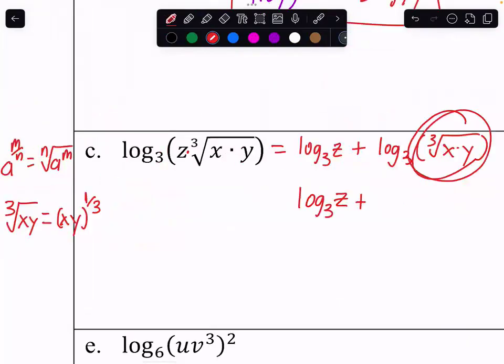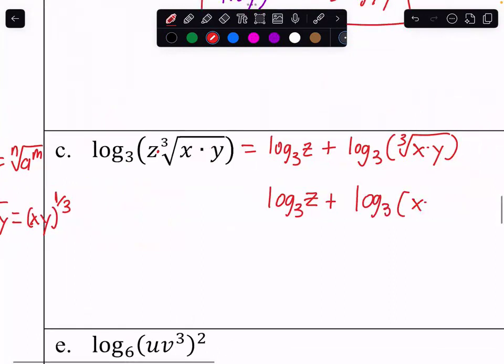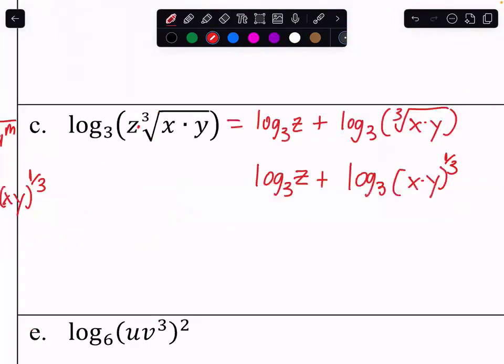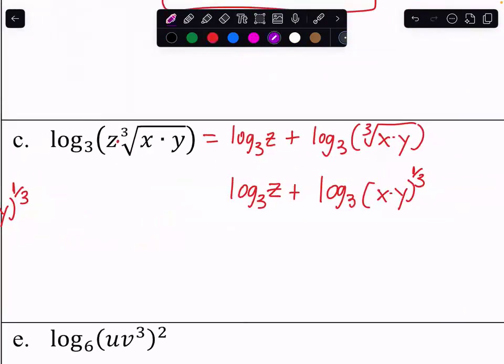Okay, so I'm going to rewrite this with a fractional exponent. And the reason we do that is so that we can move the 1/3 in front. Okay, so it doesn't affect this one. This one did not get affected. But the 1/3 moves in front.